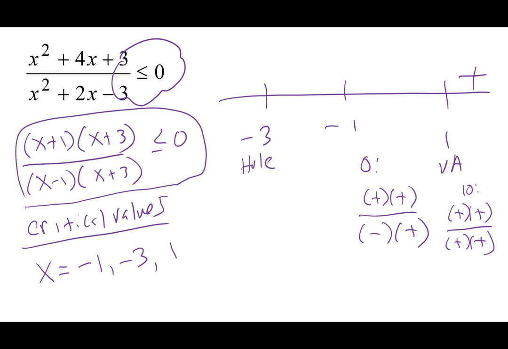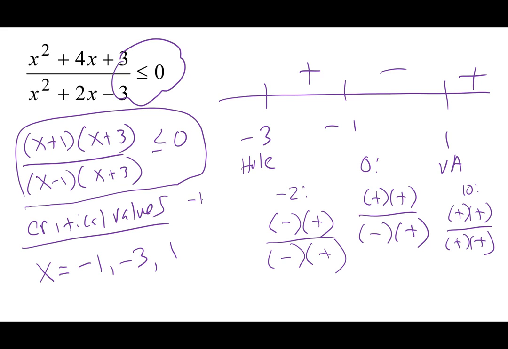That's ultimately going to be a positive over a negative, which is, of course, a negative. Something between negative 3 and negative 1, negative 2 is probably the best one to choose. So be a little more careful as you get closer to those actual critical values. So negative 2 plus 1, that's a negative. Plus 3 is a positive. Negative 2 minus 1 is a negative. Plus 3 is a positive. That's a negative over a negative, which is a positive.